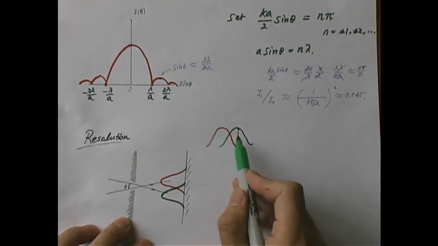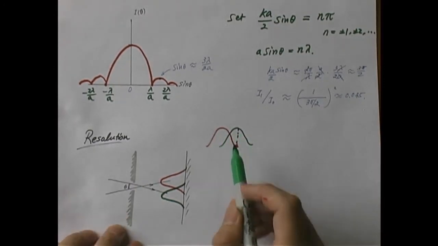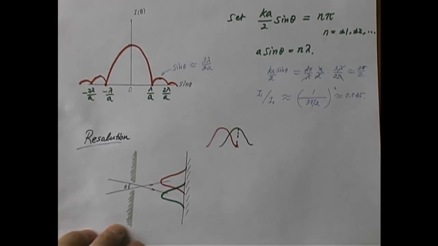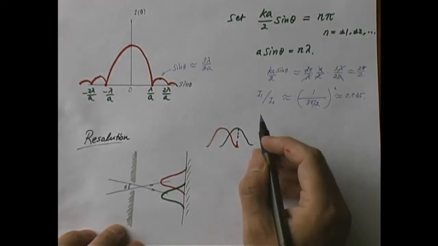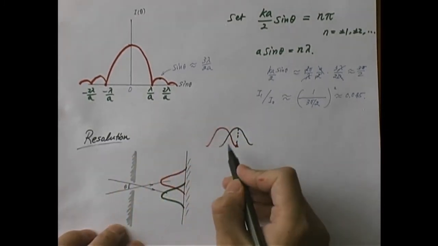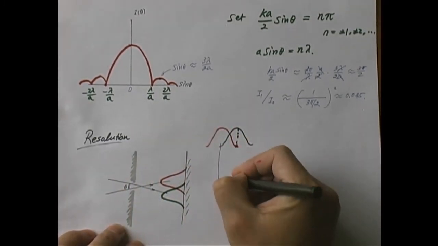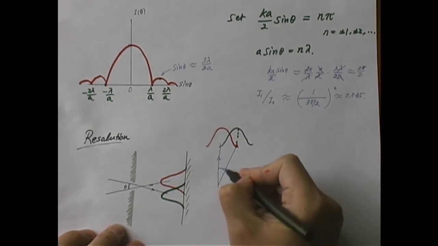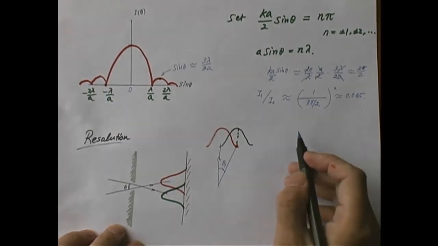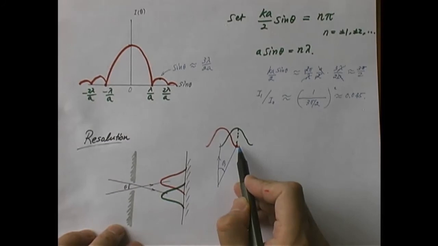You kind of have a peak here and a peak there, but if you get them even closer, they start to merge together. So how do we let this happen? Well, if you use this as a reference line, then this angle, which I call theta 1, would be the minimum angle between these two interference maxima.